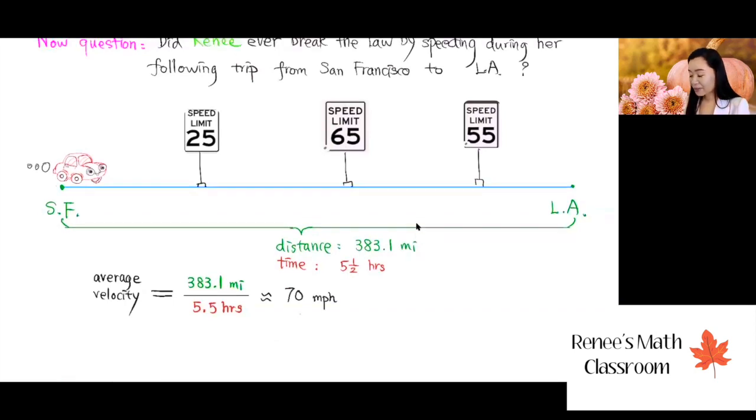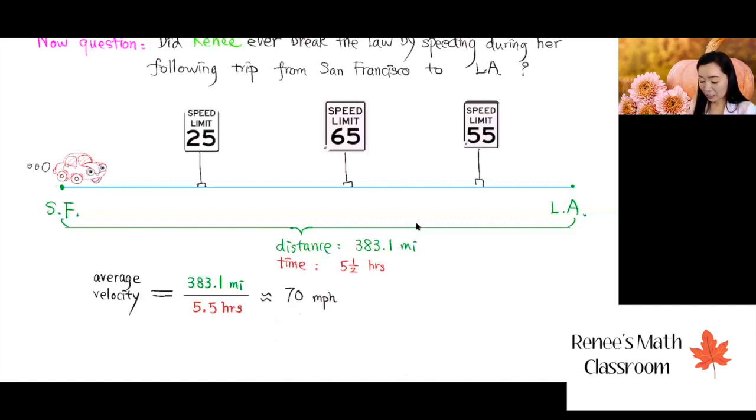So the mean value theorem says that there is at least one moment when my speed is equal to this average velocity. So at some moment, my speed was 70 miles per hour. And look at the speed limit over here. My speed at that moment is over the limit. So I was speeding.